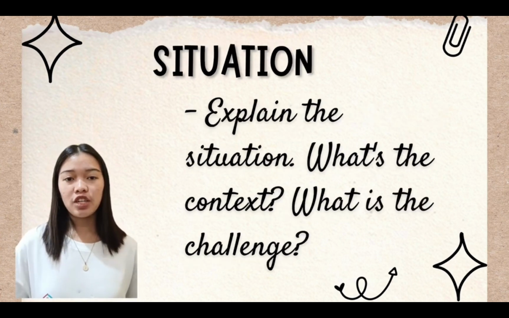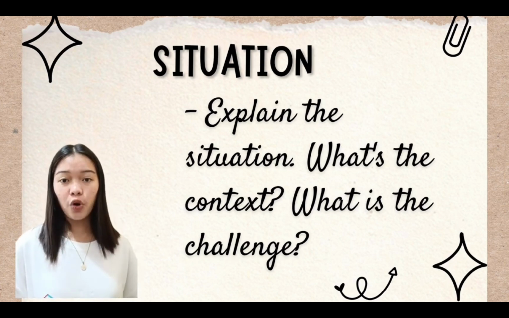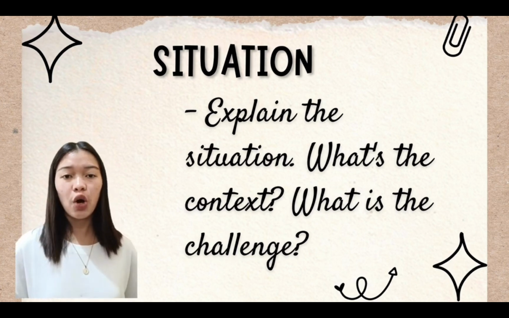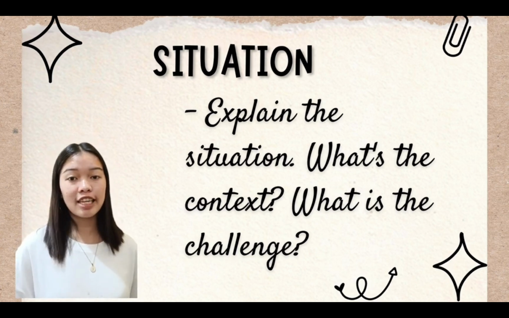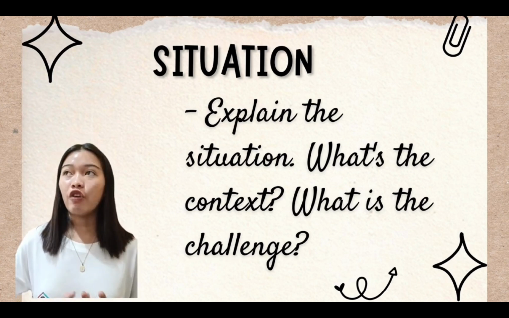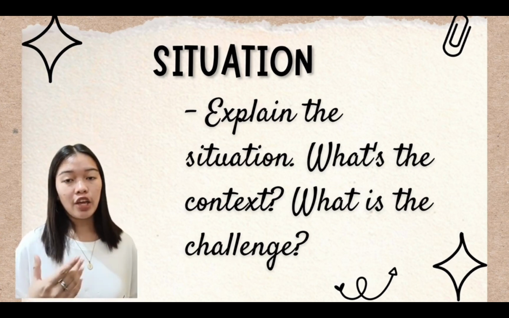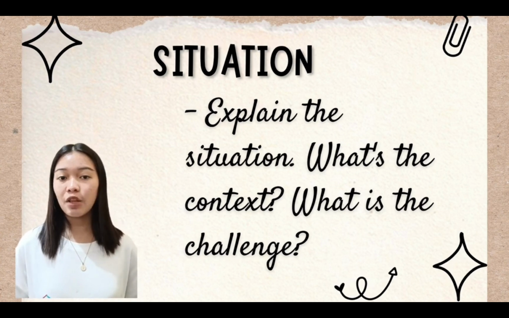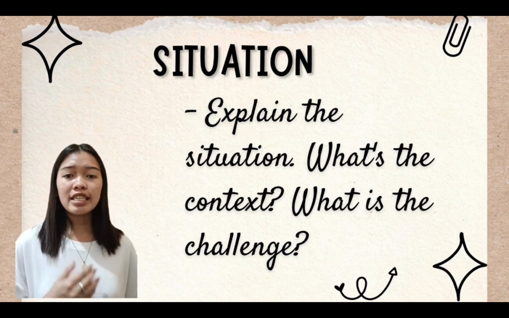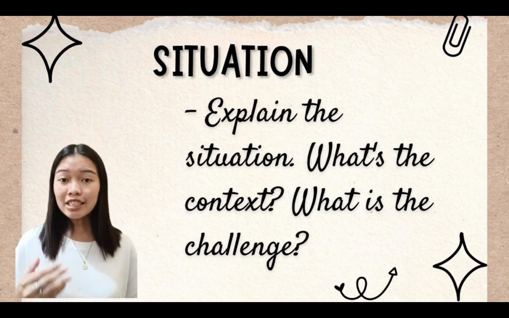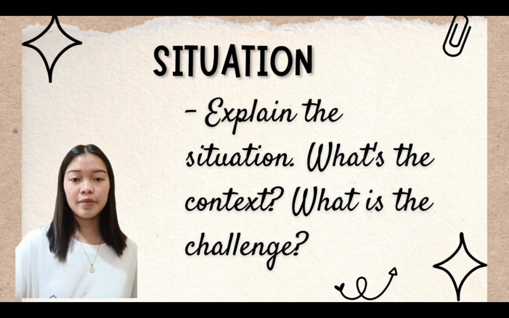Situation: explain the situation, what the context is, or what the challenge is. So it is to create the scenario or explain the context of the situation. For example, you are one of the contestants in the poem writing contest during Education Month. So it is about the context or scenario of the goal.